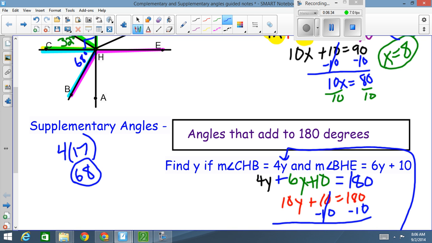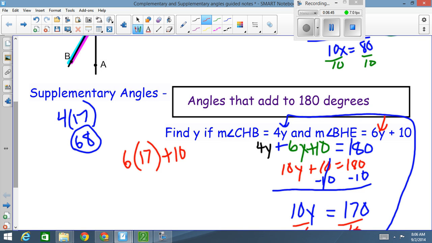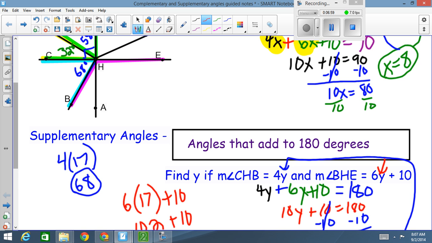What if I take 17 and plug it back into BHE? That's going to leave me with 6 times 17 plus 10. Well, 6 times 17 is 102, plus 10 leaves me with 112 for that angle. So this is 112, and when you add those together, you do get that 180 degrees that you need for the straight line.